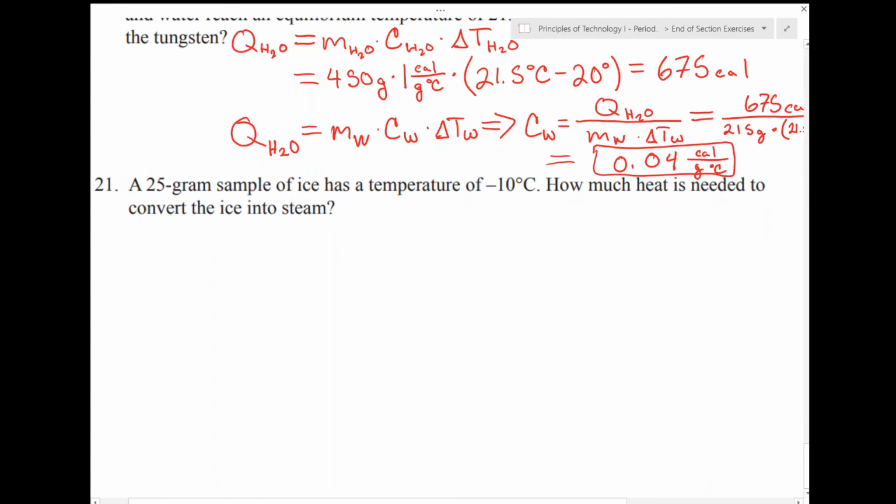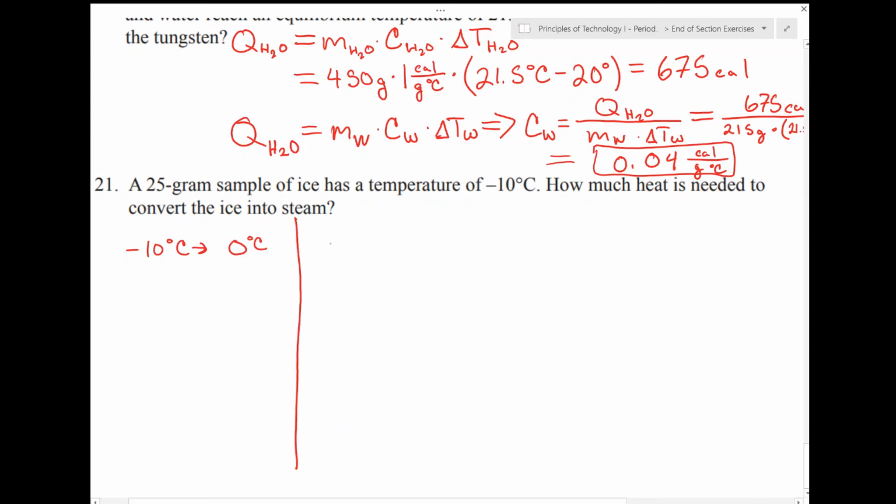For the last problem, number 21, a 25-gram sample of ice has a temperature of negative 10 degrees Celsius. How much heat is needed to convert the ice into steam? So this problem is very similar to example 1.17 in your book, except it adds an extra part at the end. So we need to deal with 4 different sections of this problem and find the heat involved with each one. We have to go from negative 10 degrees Celsius to 0 degrees Celsius.